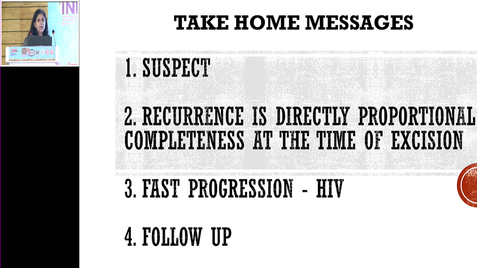It is not directly proportional to the dysplasia present at the initial time of presentation or in histopathology. Third, with fast progression, always and always think of HIV. I think in all OSSN patients, we should get HIV testing done. And fourth, follow-up should be lifelong, because the basal potential in the patient of getting a carcinomatous recurrence is very common. So annual follow-up is a must. Thank you, all of you.